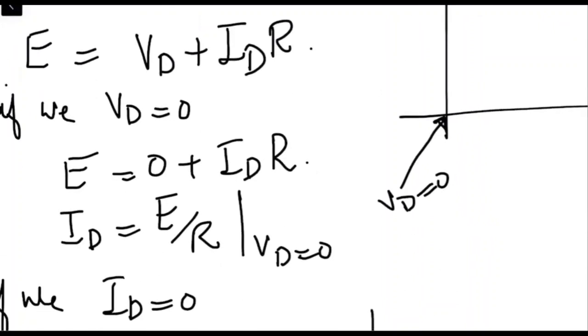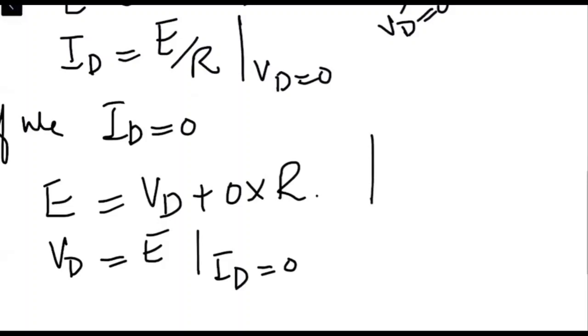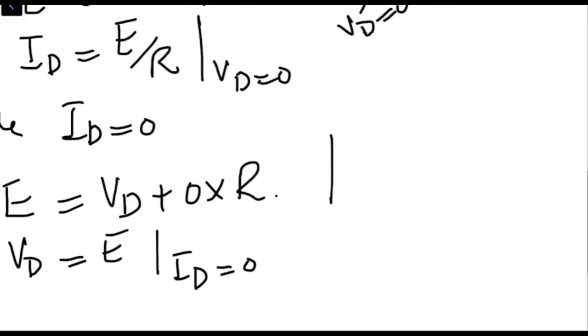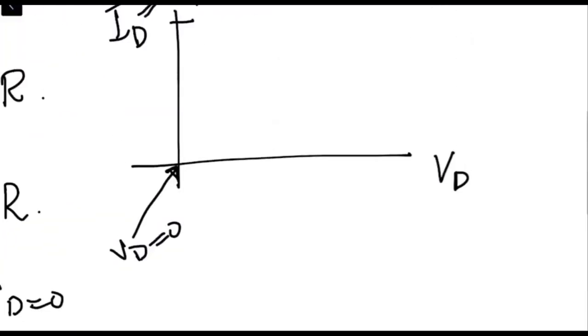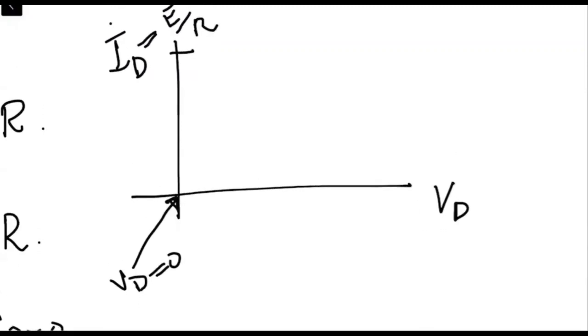And if ID is equal to 0, the value of VD is equal to E. So this means these 2 points on the graph are actually showing us the 2 extremes of this circuit, which is over here.